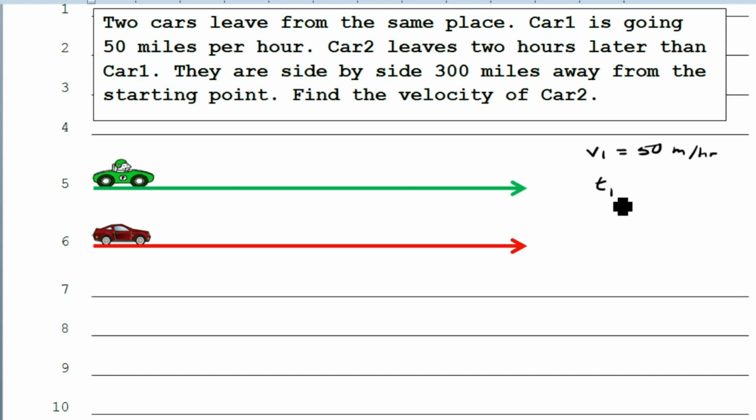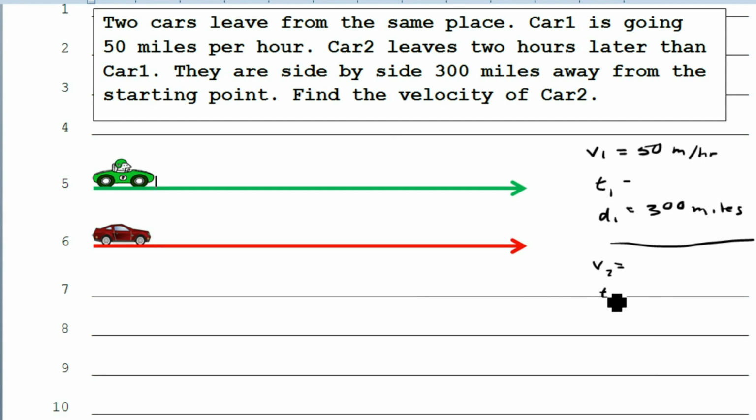And there's no mention of time. And the distance is 300 miles. Car 2, we don't know how fast it's going. That's what we're asked to find.